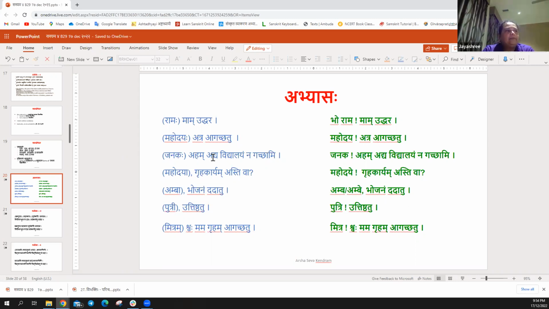Divya Mohoday. Amba bhojanam dadati. He ambe bhojanam dadati. We can call Amba as Amba as well. You can see in some of the shlokas, it says only Amba. Ambe as well we have it. Suraksha, please give me food.